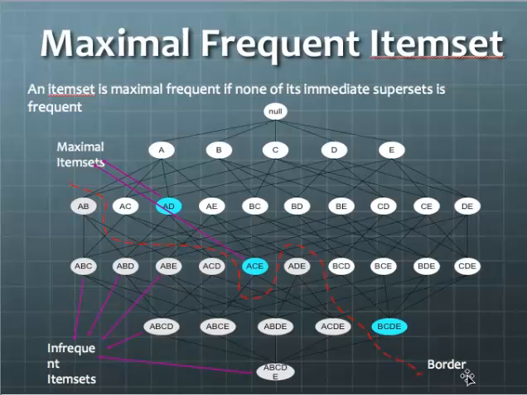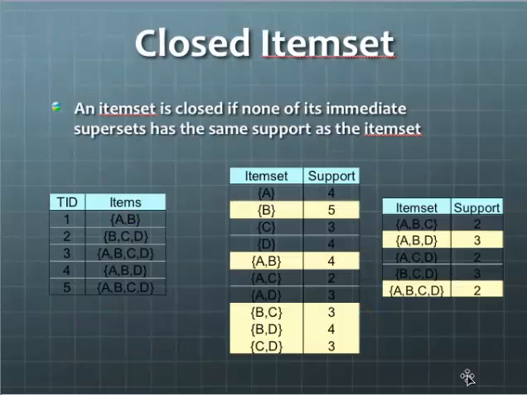It's called the closed frequent item sets. The closed frequent item sets provide a minimal representation of item sets without losing their support information.